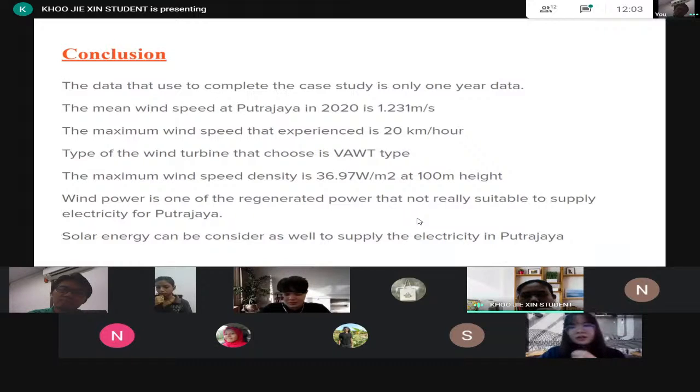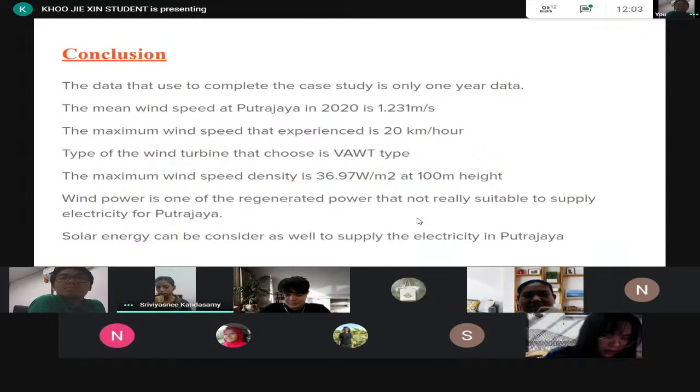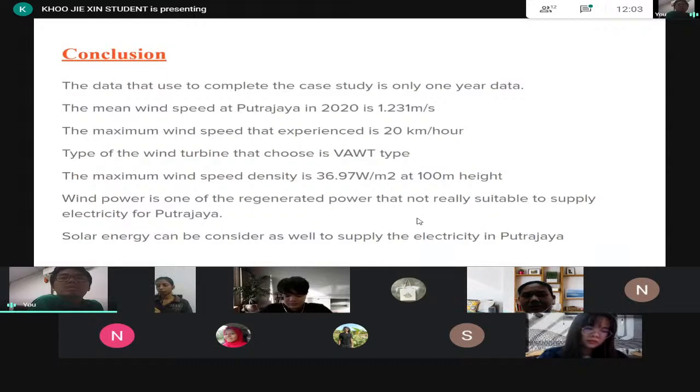That one will need further study, but it's quite difficult to build 1 kilometer high. The installation method is difficult, because the components have to be transported there. Just build in Putrajaya.